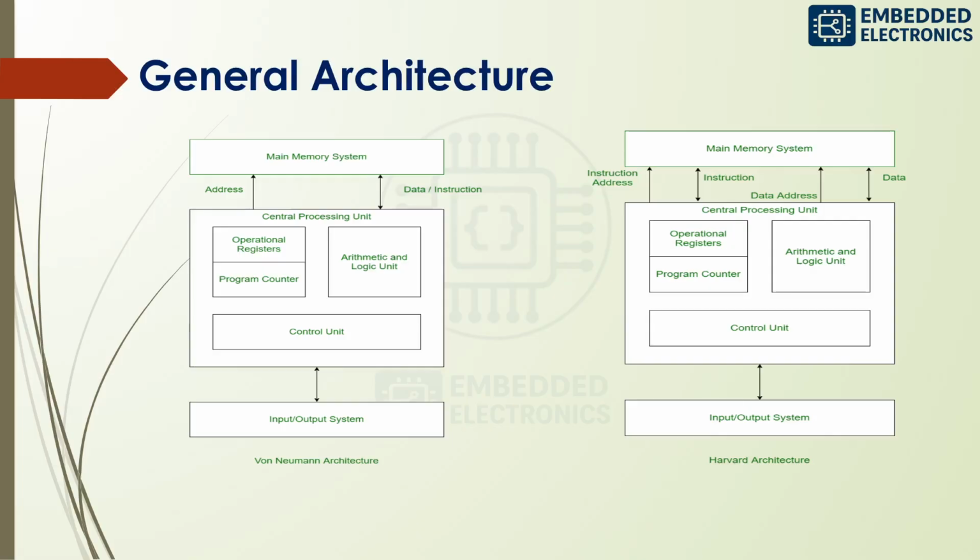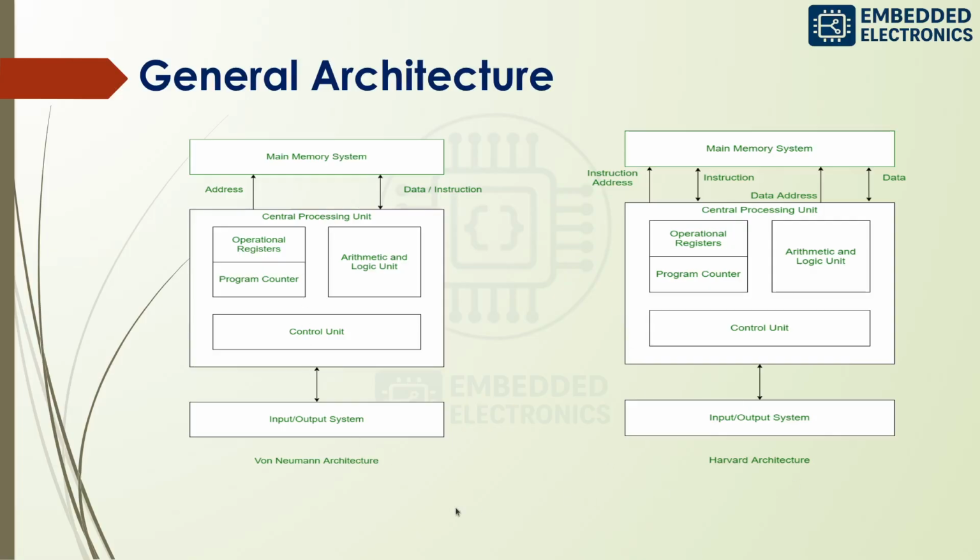So it improves security, and it is an efficient use of resources. Why? Because it enables the use of different memory for data and for instructions of different sizes, which helps in optimal utilization of the buses and other resources. So those are the advantages of Harvard architecture.